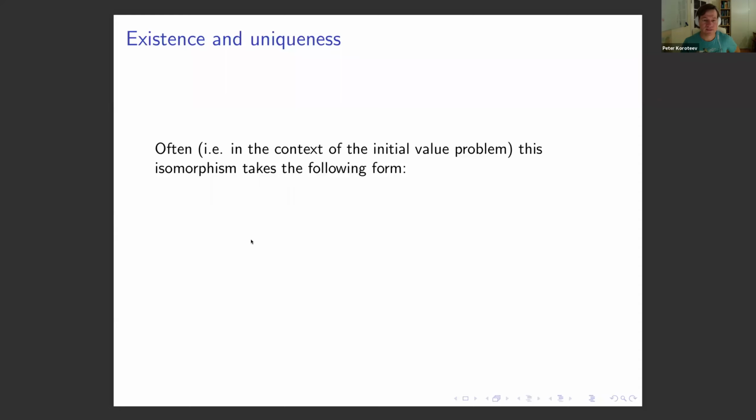Often, for instance, in the context of initial value problems, this isomorphism between the solutions of a differential equation and Rn takes the following form. We take a function and map it to this vector whose components are the derivatives of the function at some point, say t equals 0.